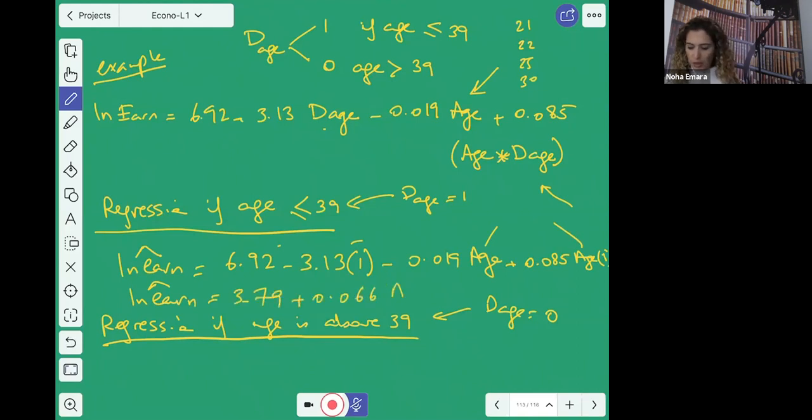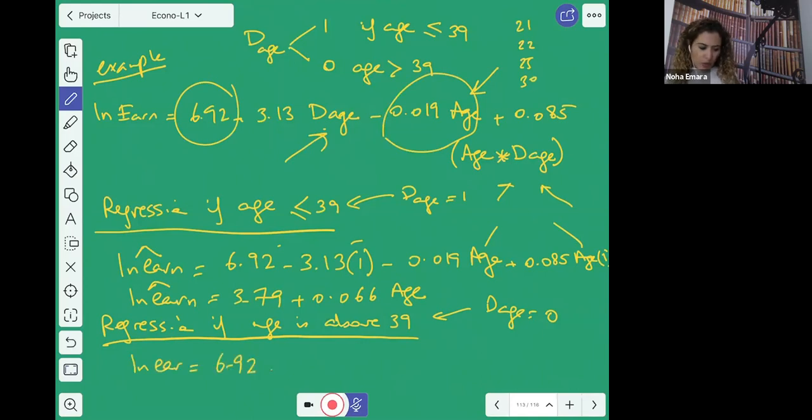0.066 age. Okay, and if age is equal to 0, this is easier, right? So here's 0, here's 0, so I'm just left with this part and this part. So in this situation, log earning is equal to 6.92 minus 0.019 age.